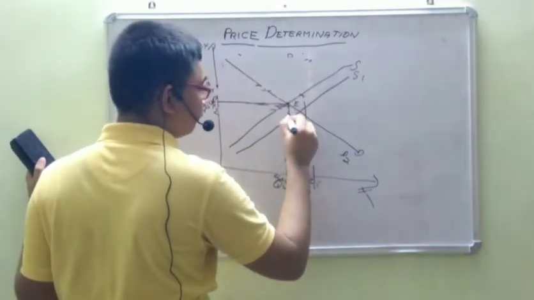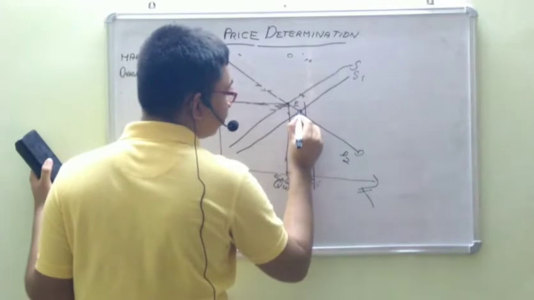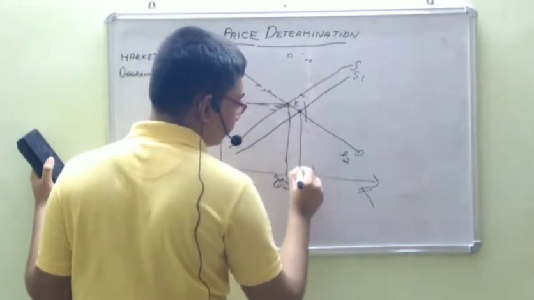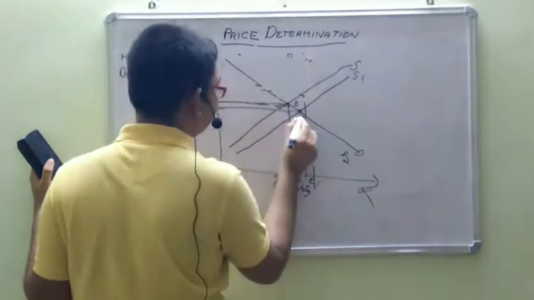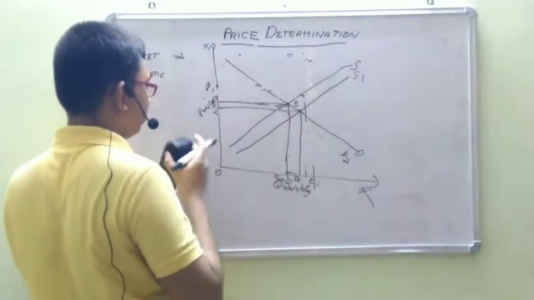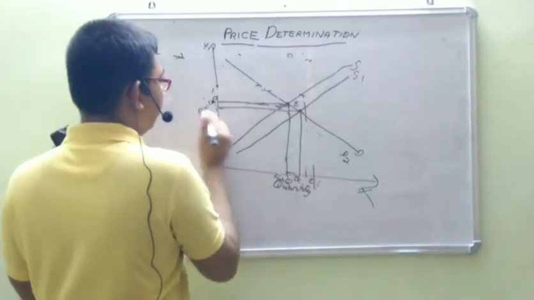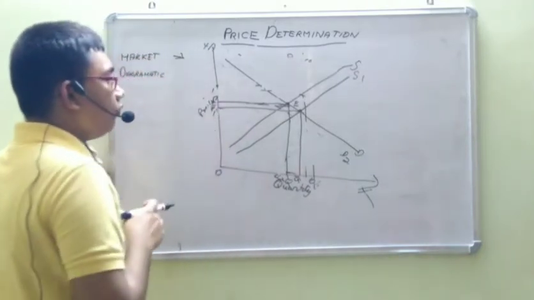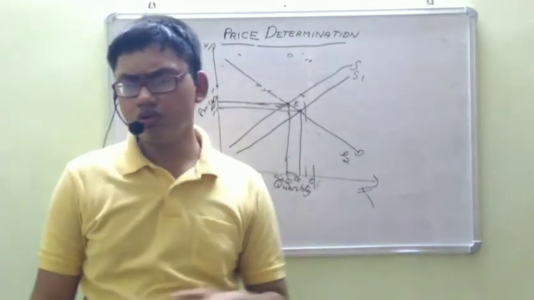What will happen? It is meeting the demand curve at this point, Q1 and P1. What is the relationship between Q1 and Q? Q1 is greater than Q, you can infer.